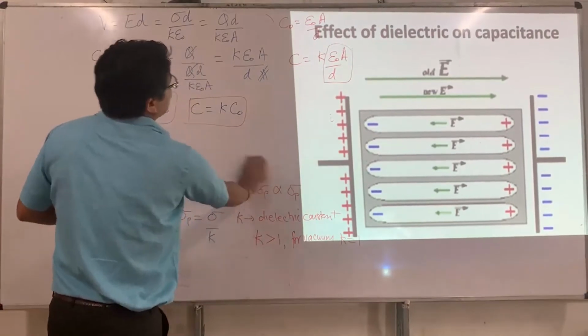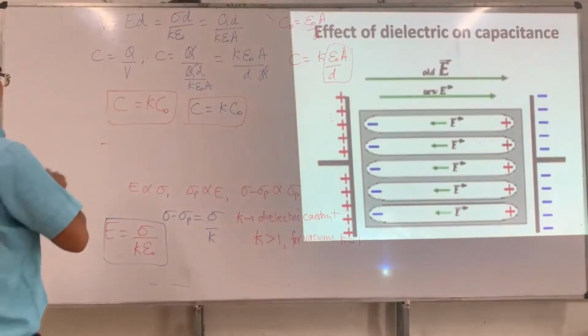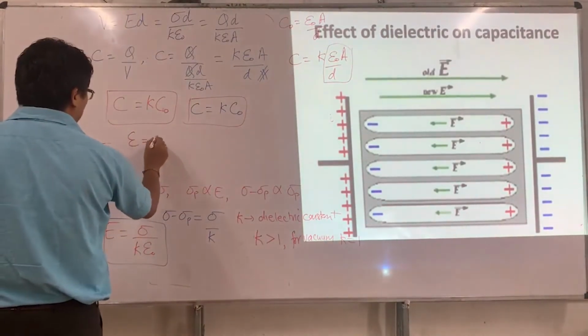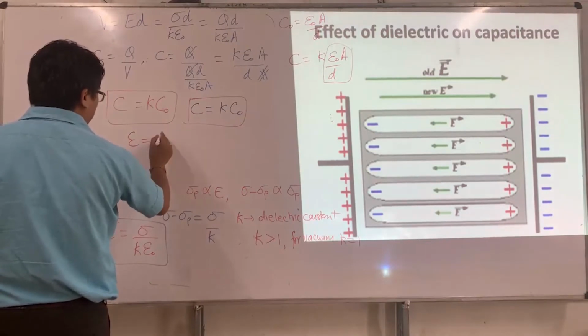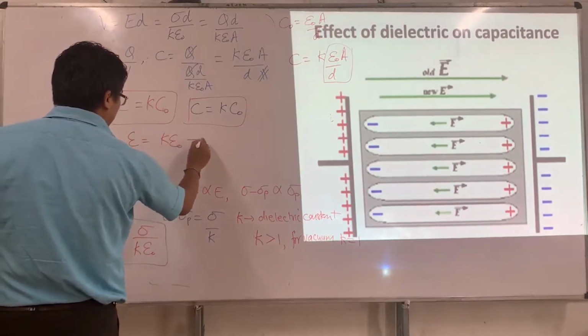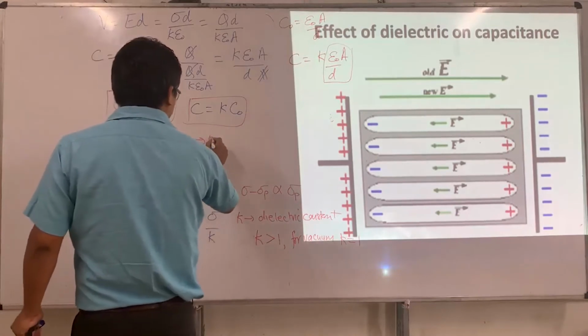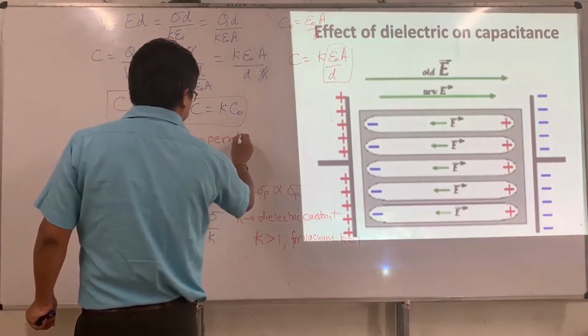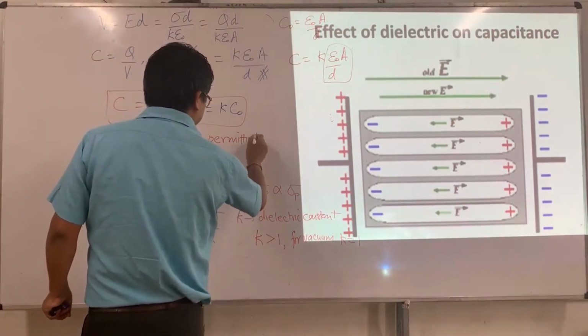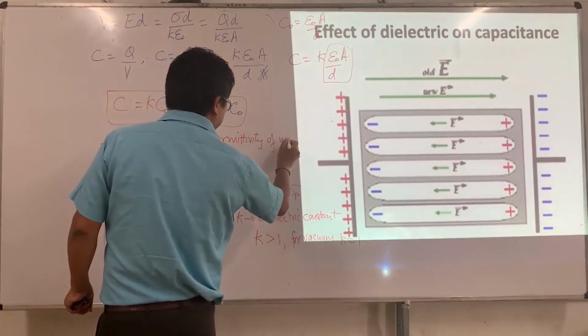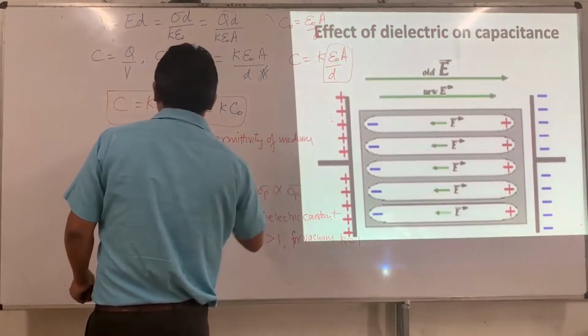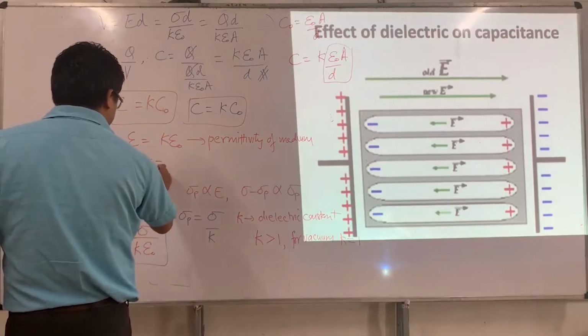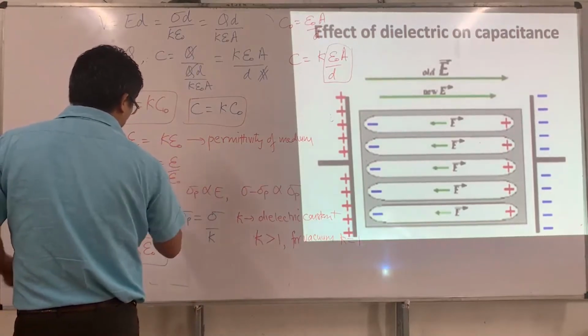Now I define epsilon is equal to K epsilon naught, which is defined as the permittivity of the medium, and K is defined as epsilon divided by epsilon naught.